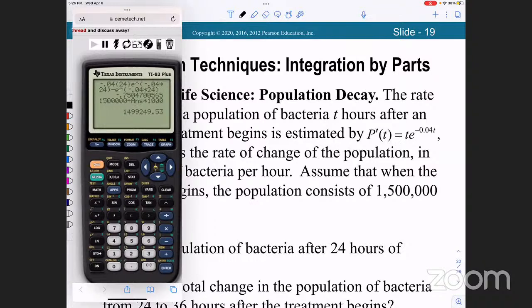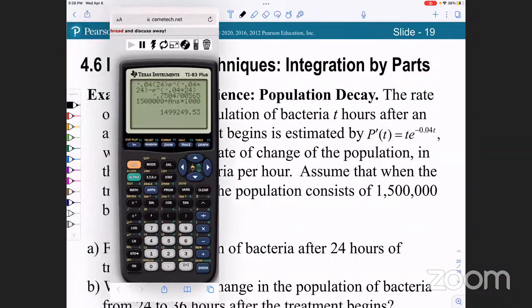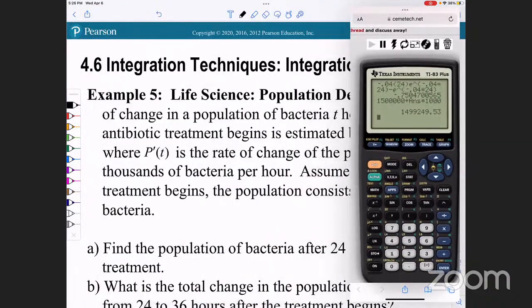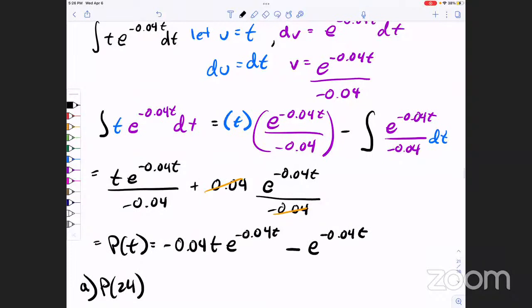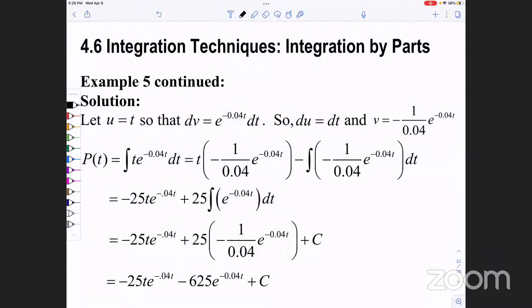Is that right? Something's still off. Times 1,000. 1, 2, 3, 750. 1 million. We get like 1,499,249. So let me look and see what the notes did and compare for part A. Right? 625. Okay.